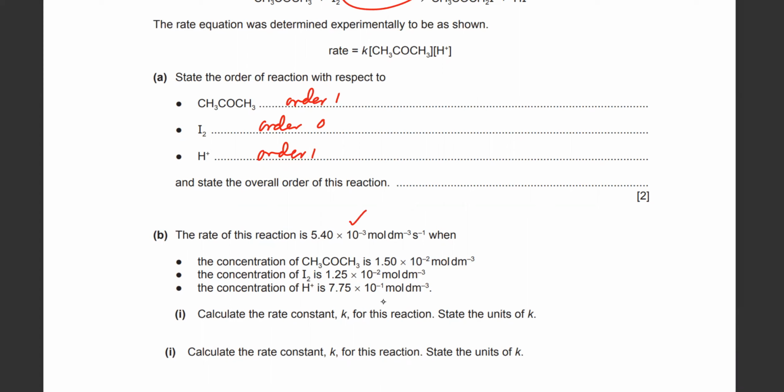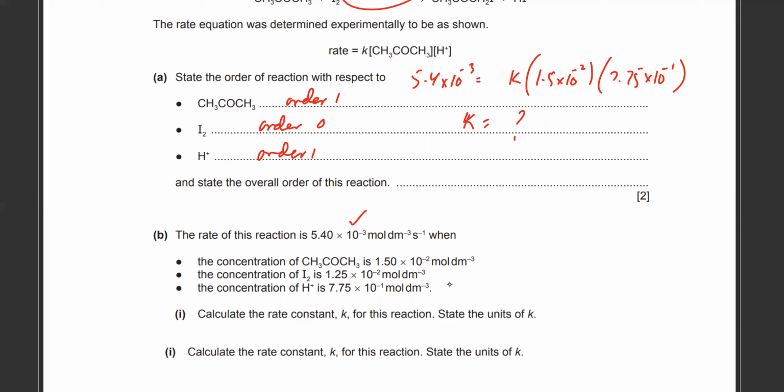The rate is given, so it's 5.4 times 10 to the power minus 3 is equal to K times, now the I2 concentration is irrelevant, 1.5 times 10 to the power minus 2. And the other one is H plus 1 concentration. That's also given over here. That's 7.75 times 10 to the power minus 1. तो K बता दो क्या आ रहा है और units भी.